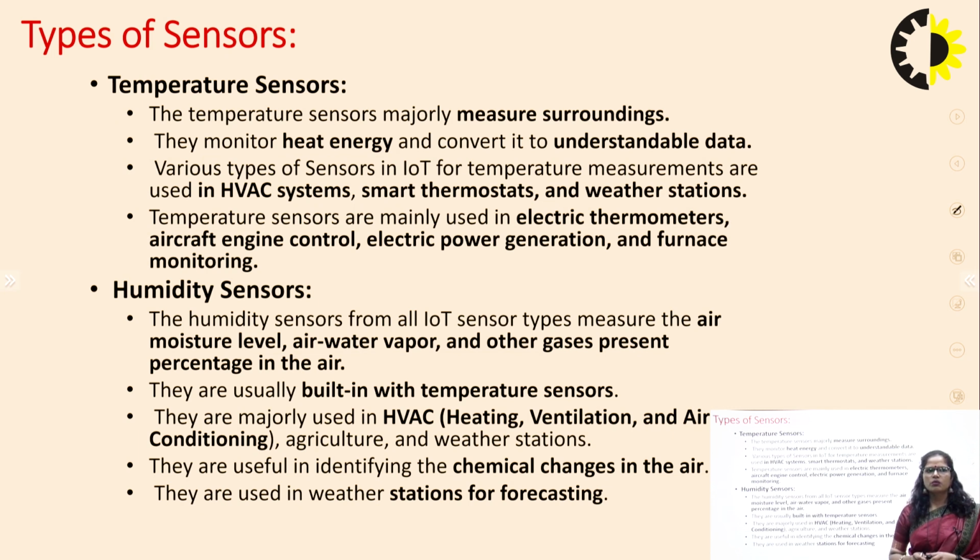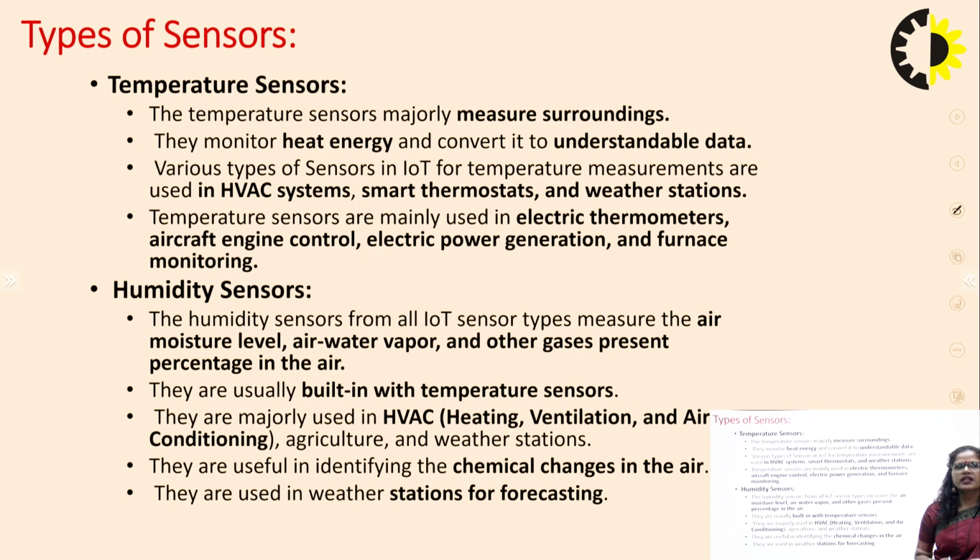They are majorly used in HVAC systems, and HVAC is nothing but heating, ventilation, and air conditioning systems. They are also used in agriculture and in weather stations, because in all fields we have that kind of information, and we take some actions according to environmental changes, right?